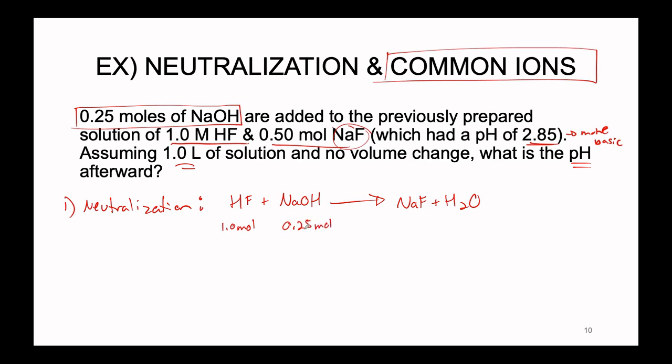Now I'm going to teach you guys a really nifty shortcut, specifically a shortcut to the stoichiometry piece, this neutralization piece. The shortcut only works in a straightforward way if your complete reaction is all in a 1-to-1.